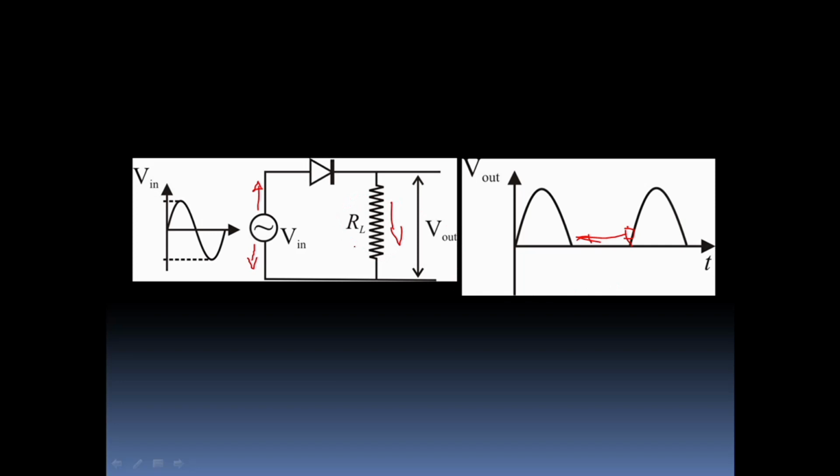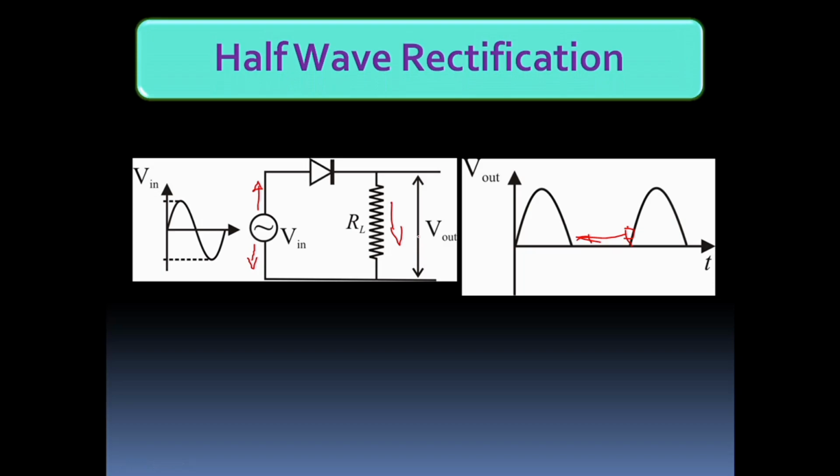Therefore energy during the second half cycle does not come to the output voltage. This rectification is called half wave rectification, because if you consider this as a wave, then only half of the wave is rectified and the other half is missing.